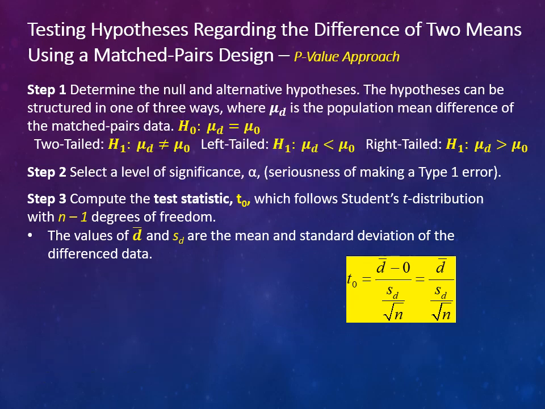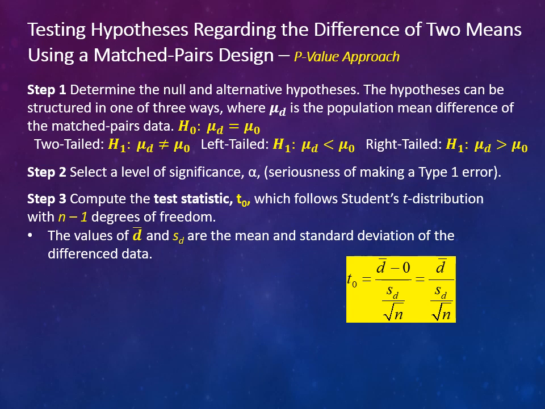Okay. If we now look at the p-value approach, all of the initial setup is the same until we get into the middle of step 3. So again, we're determining the hypotheses, the level of significance. We've calculated the test statistic in the same way, based on n-1 degrees of freedom. The d bar and the s sub d are both the same.